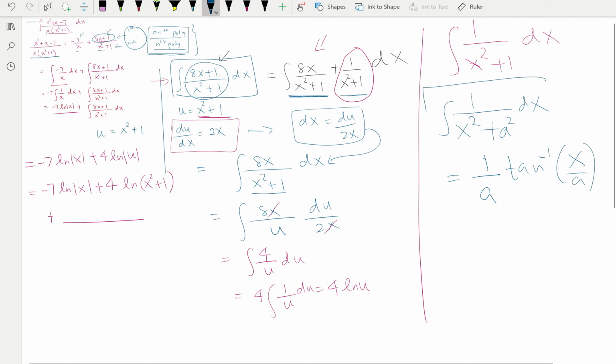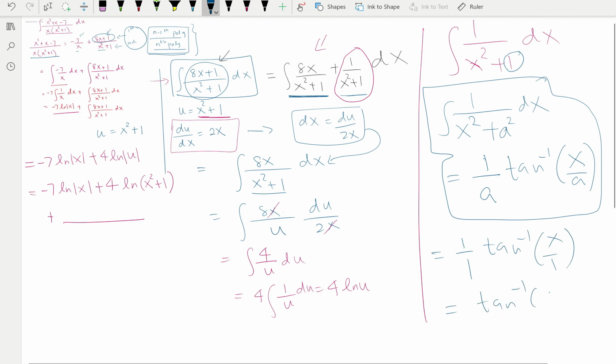This comes up a lot in partial fraction decomposition if you have irreducible factors. You cannot avoid that, so please memorize that. So here 1 is a square, so a is 1. So what is the answer? 1 over 1 tangent inverse x over 1, which means it's tangent inverse x, right? Okay, so what's left is tangent inverse x.